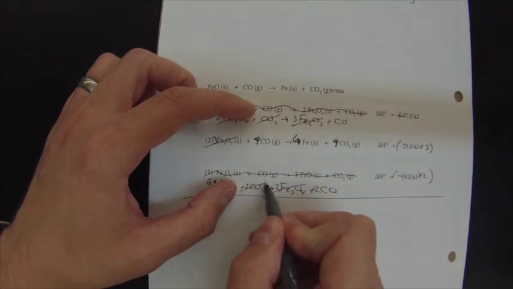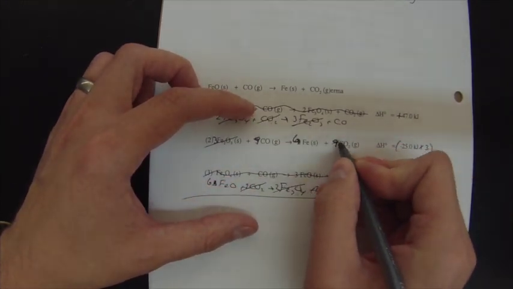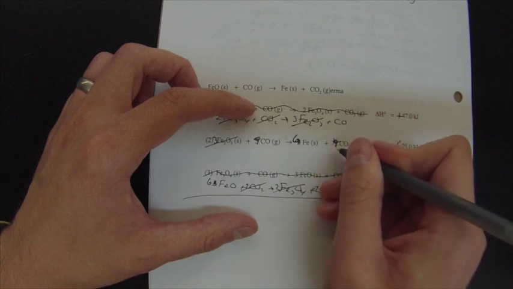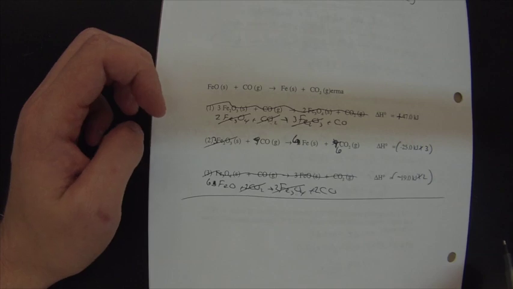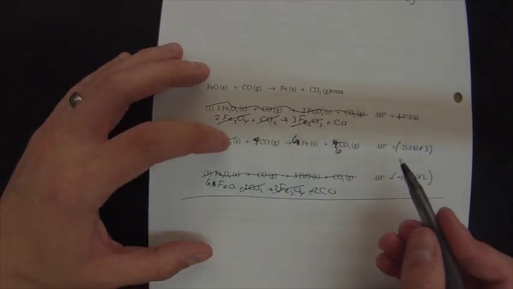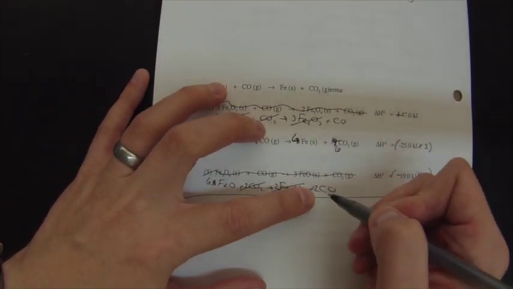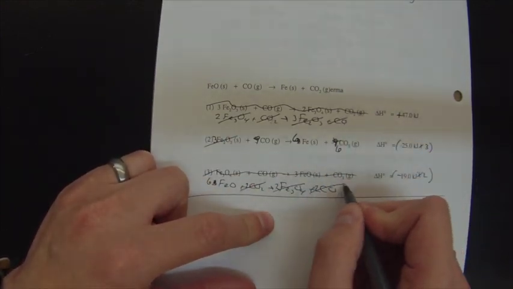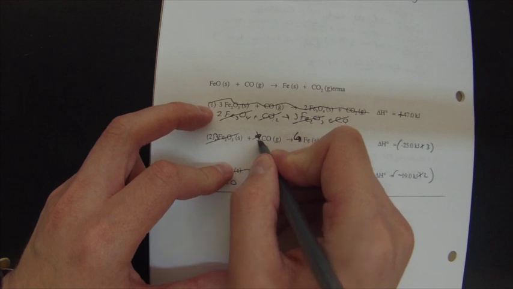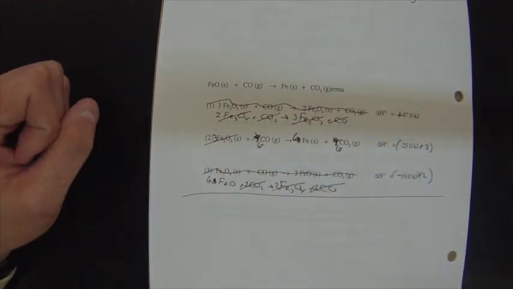So these 3 cancel and leave you with 6 over here. The 3 take away from the 9 is 6. And then again, we have 3 COs on this side and 9 COs on that side. So the same thing happens. Those 3 turn this into 6.